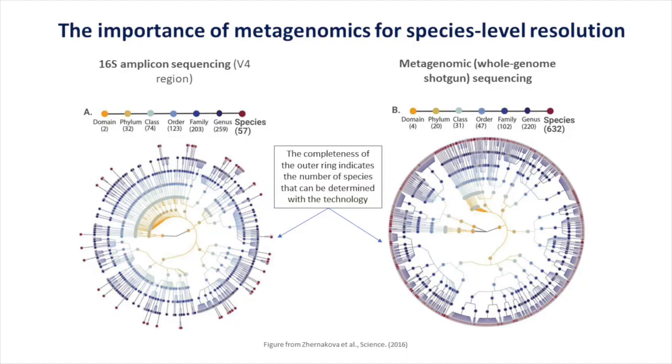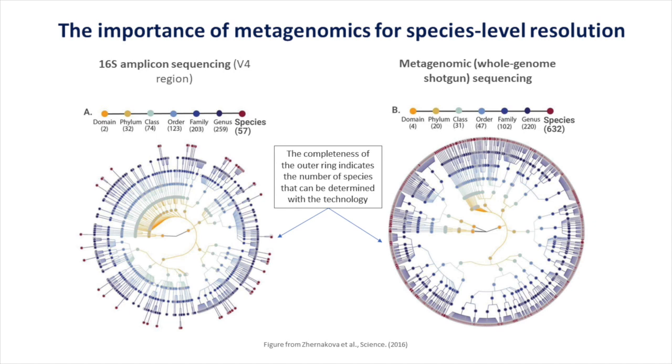However, with metagenomic sequencing, you really get a complete picture and you hit species level IDs for everything in the sample. And the image on the screen now is just an indication of that. What you're looking at here are different taxonomic levels starting from the center and moving out. As you move to the outer ring, you're moving towards the species level identification. You can see on the left-hand side, using 16S, only a few species actually hit that outer ring.